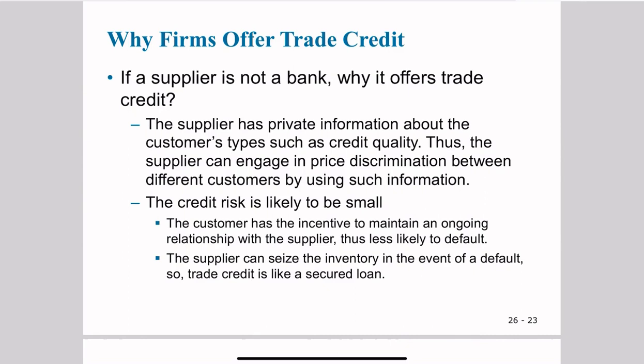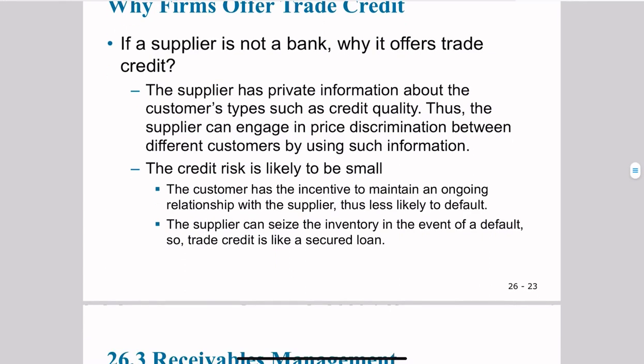And if the supplier knows the customer has bad credit, then most likely in this case the supplier will want to use a very strict credit policy, or maybe the supplier will not give trade credit to this customer with bad credit history. And the second reason is the credit risk faced by the supplier is possibly very small. The reason is generally the supplier and the customer have an ongoing relationship.